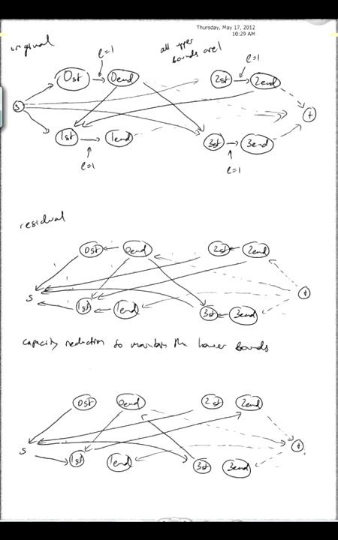And now when I try to find a path from T to S, I won't be able to find one, because the only way to exit T is on this arc, which leads to a dead end, or this arc, which leads to a dead end. So now I've moved as much flow back from T to S as possible. So this is our final residual after we've pushed everything back.